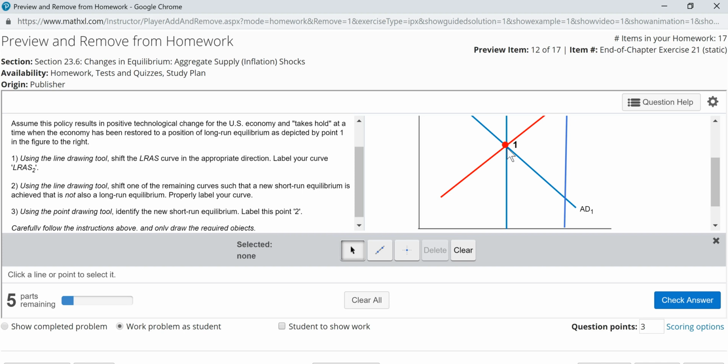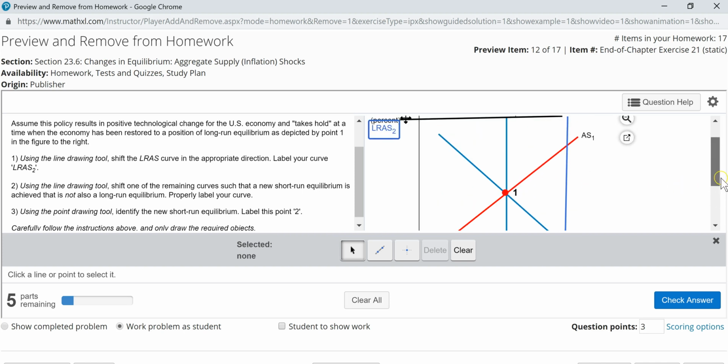When there is an output gap, there is pressure on inflation, so that will keep changing the short-run supply curve.